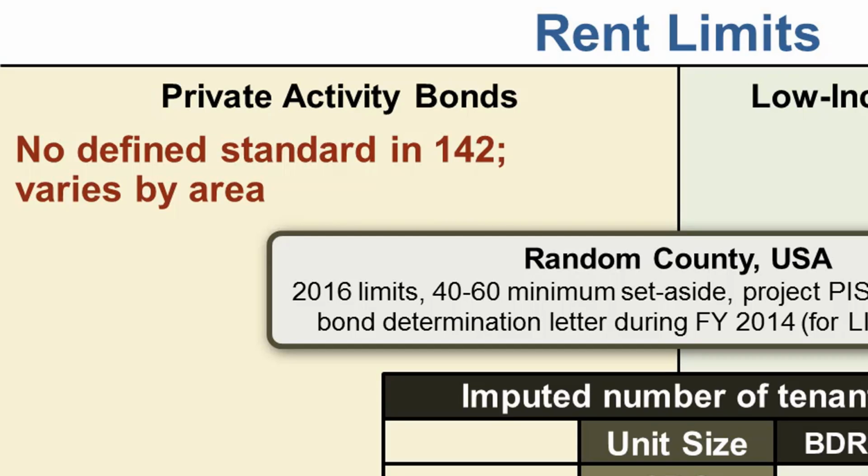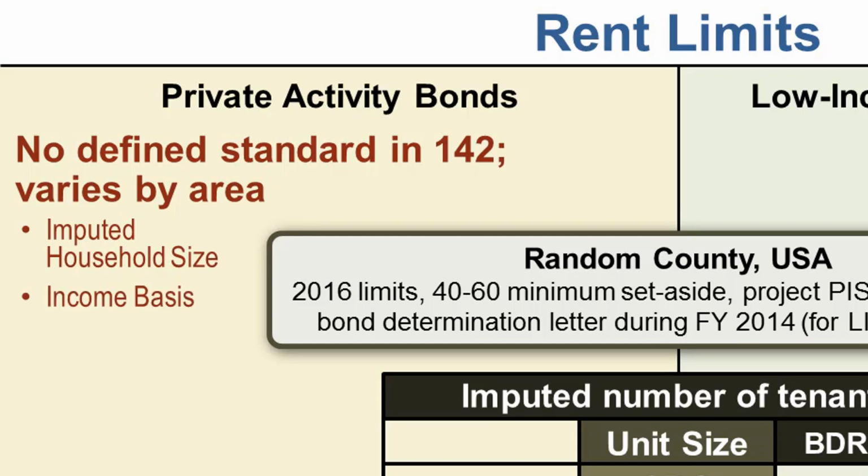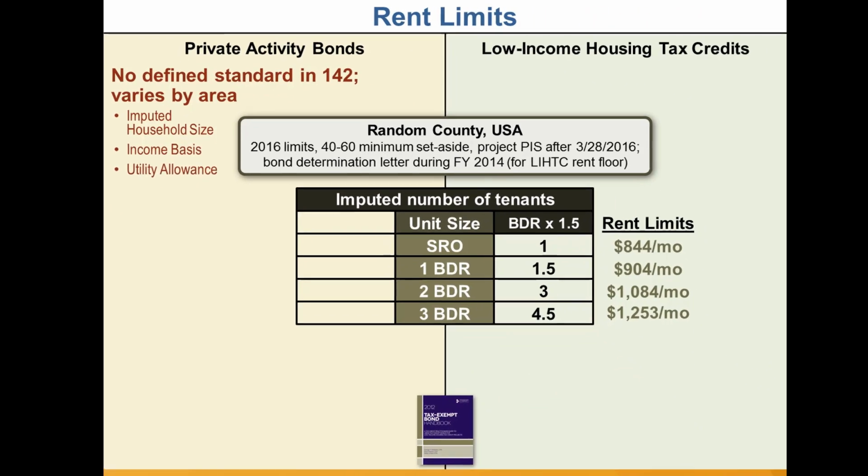And so one variation or difference could be in that imputed household size upon which you are basing the income limit upon which you're basing your rent limit. Your income basis, which we'll talk about, and then this idea of a utility allowance. So these are the three layers where it starts to get a little quote-unquote fun.